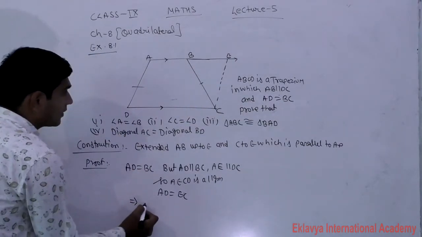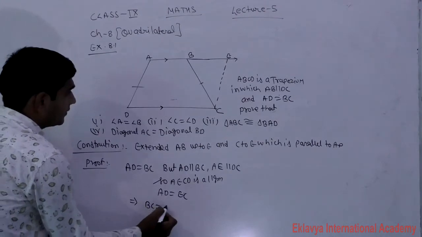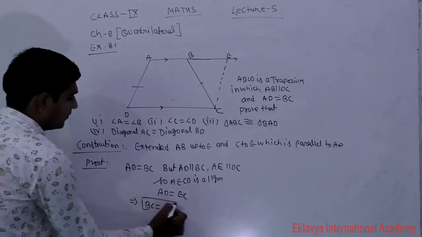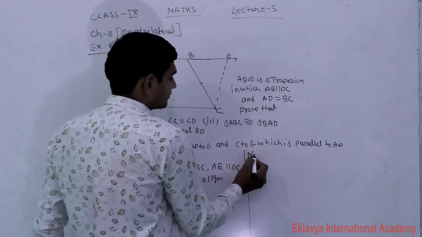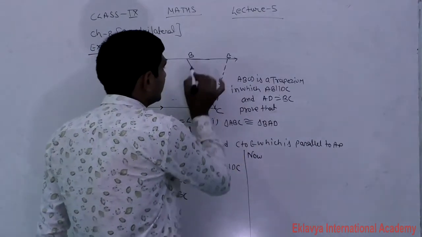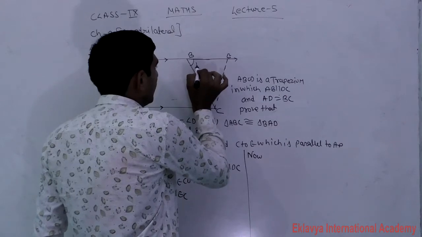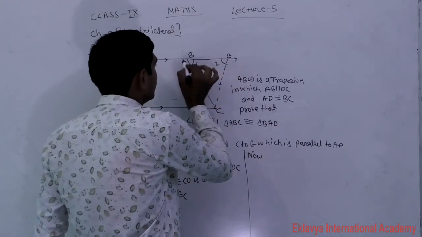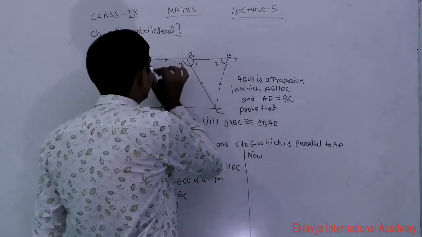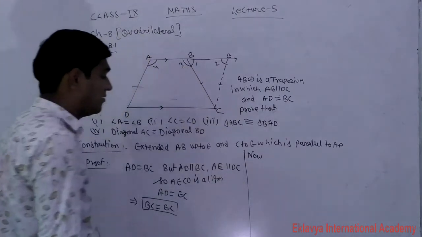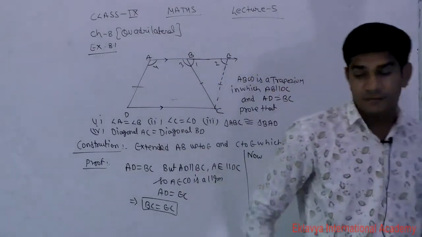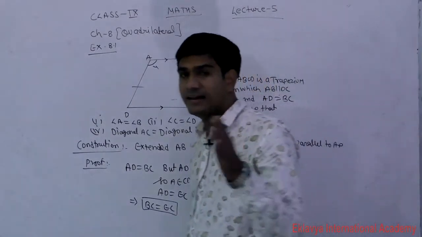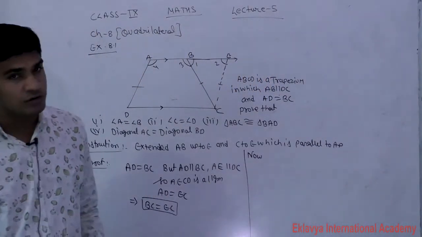So what do we conclude here? BC is equal to EC or not? BC किसके इक्वल होगा? EC के इक्वल होगा. Now BC equals EC. Let the angles be angle 1, angle 2, angle 3 and angle 4. Now we know that in any triangle, if two sides are equal, then their opposite angles are also equal.